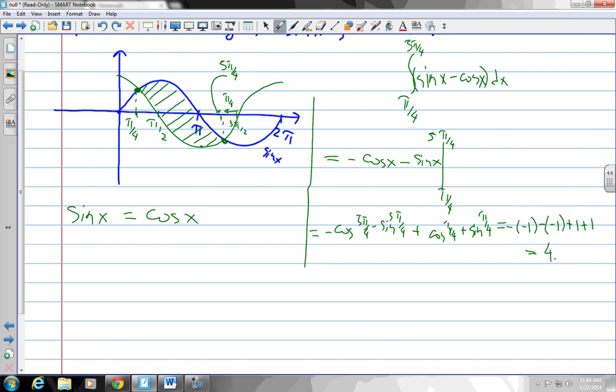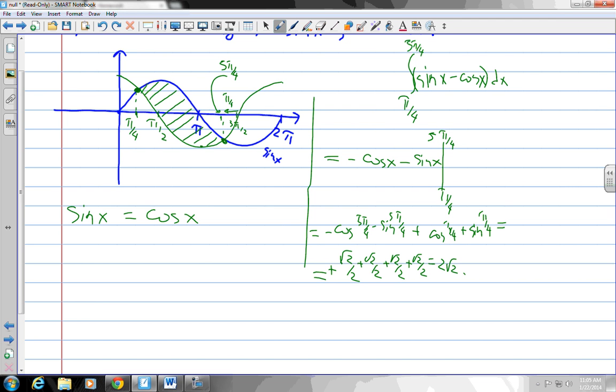So what is it? 4? That's not. No. Sorry. It's gone crazy here. Never mind. Those are a bunch of root 2's over 2's. So it's 4 root 2's over 2. So that's 2 root 2 over 2.